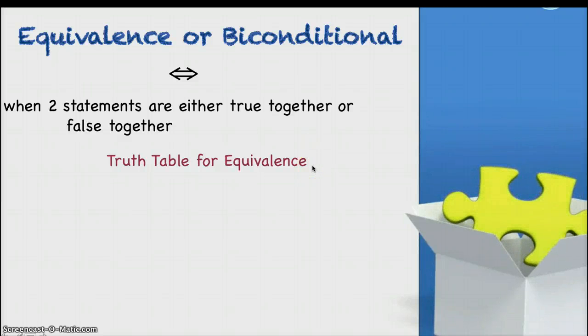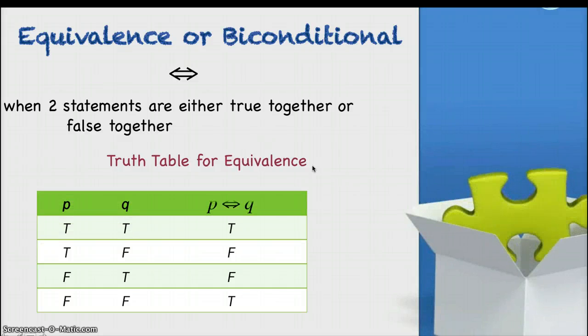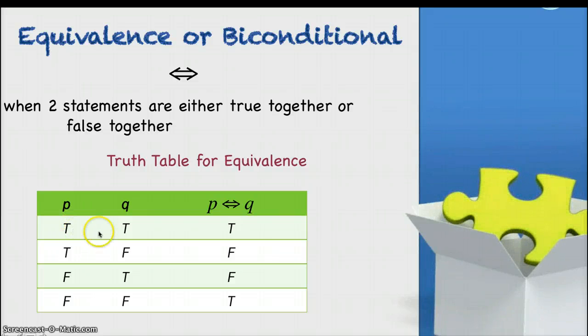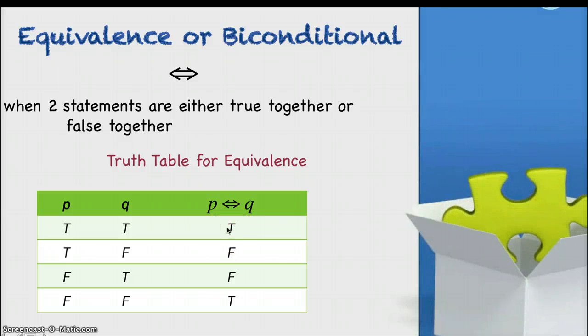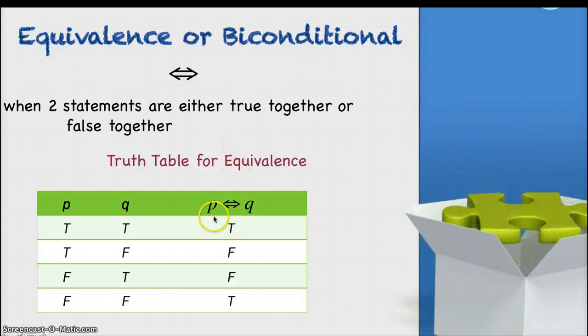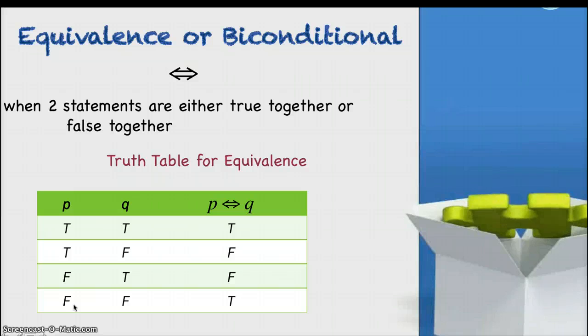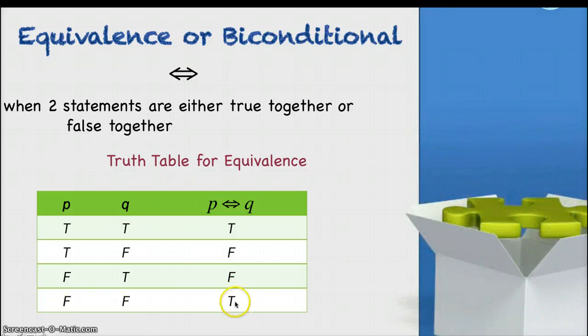Let's look at the truth table for equivalence. When your statements or propositions are both true, you get the value of true for biconditional or equivalence. The same way, when both of your statements or propositions are false, you're going to get the value true.